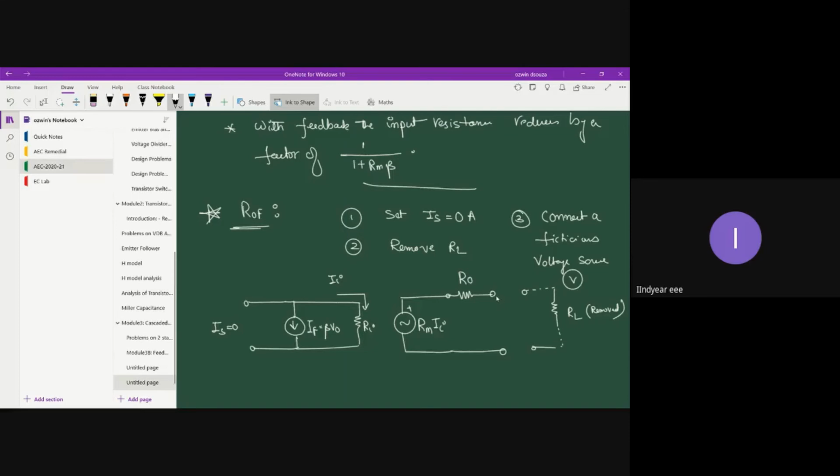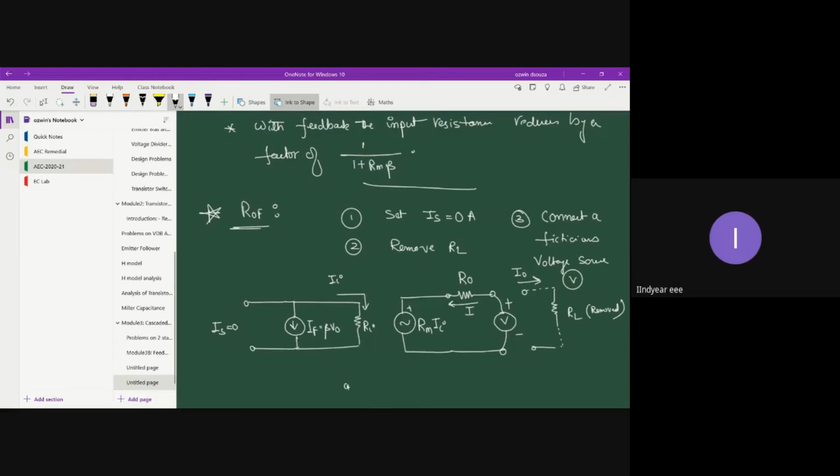And across the open circuit, you will connect the fictitious voltage source, which just represents the open circuit voltage, plus minus, and say this is the direction of current, and let's say this is the direction of actual load current.